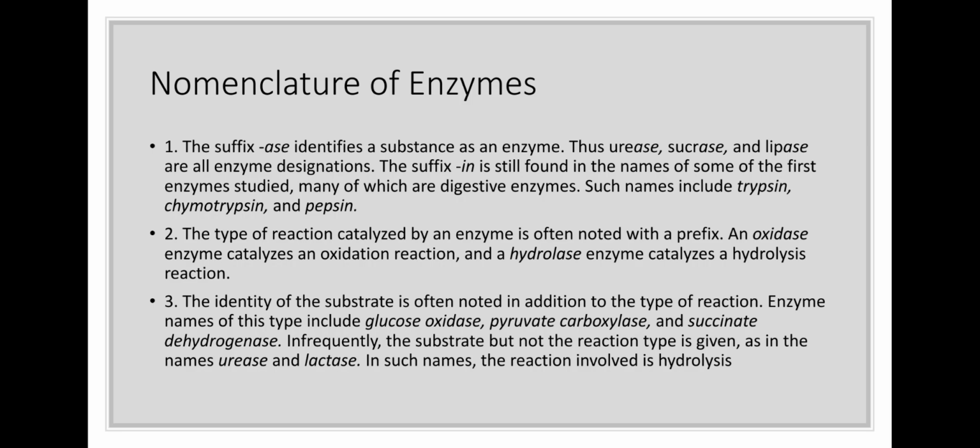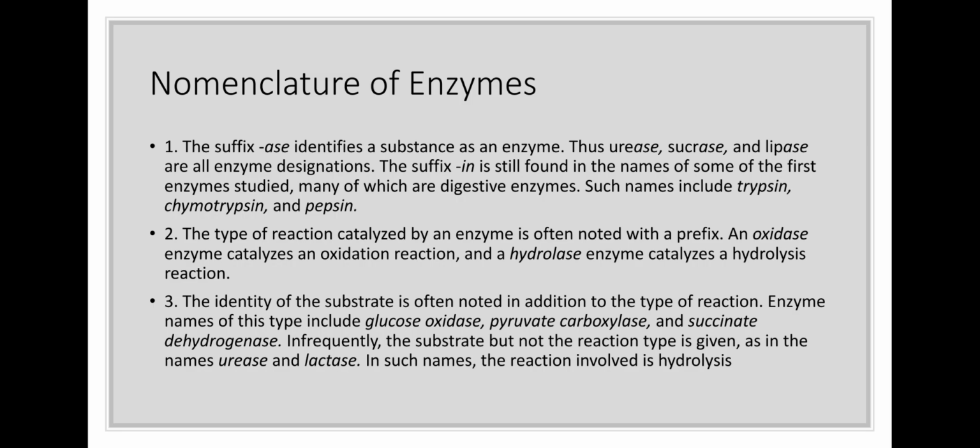Another aspect is the type of reaction catalyzed by an enzyme, which is often noted with a prefix. For example, we have oxidase, an enzyme that catalyzes an oxidation reaction; hydrolase, an enzyme catalyzing a hydrolysis reaction. The last aspect includes the identity of the substrate and the type of reaction catalyzed.